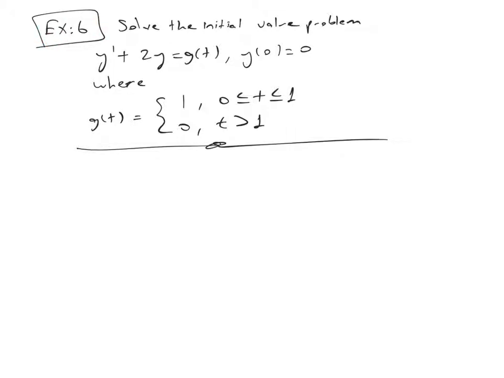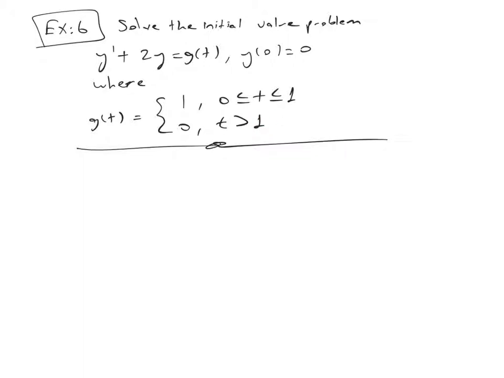Example 6. Solve the initial value problem y prime plus 2y is equal to g of t, where y of 0 is equal to 0, where g of t is equal to 1 when t is between 0 and 1, and g of t is equal to 0 when t is bigger than 1.